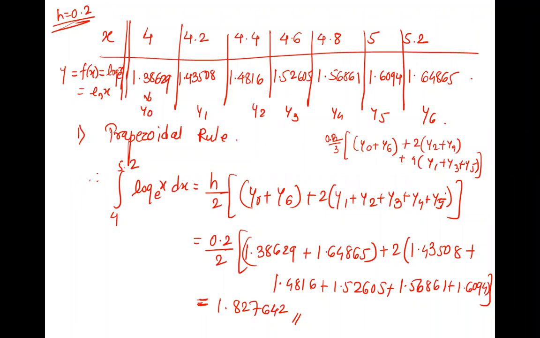2, 3, double bracket, 1.38629 plus 1.64865, bracket complete, plus what? 2 times (y2 y4), 1.4816 plus 1.56861, bracket complete, plus 4 bracket (y1), 1.43508 plus 1.52605 plus 1.6094, bracket complete, one more bracket complete.